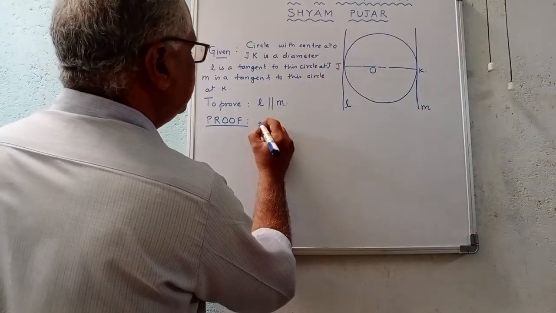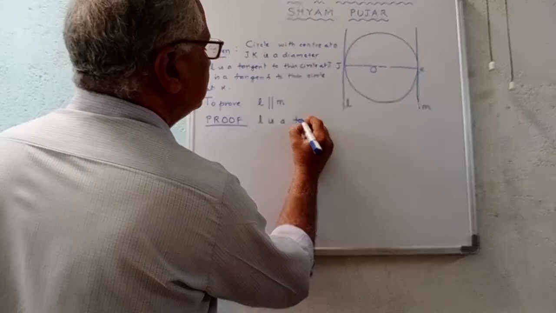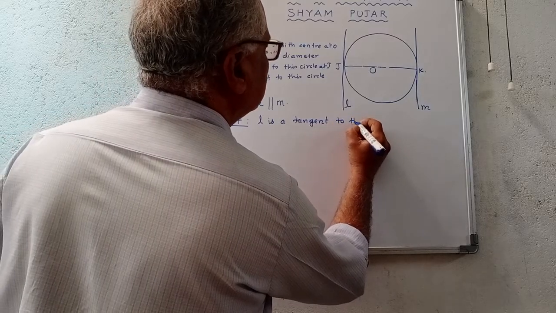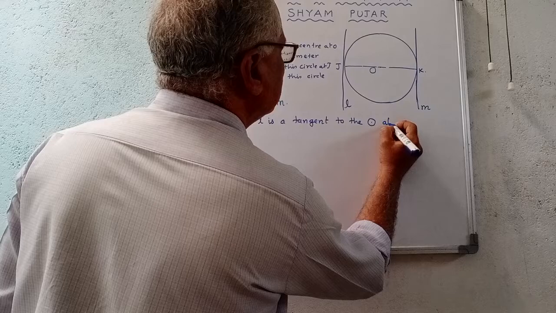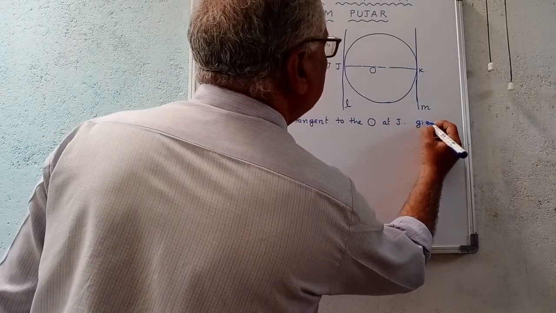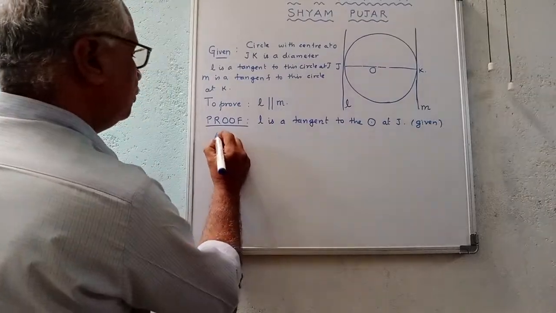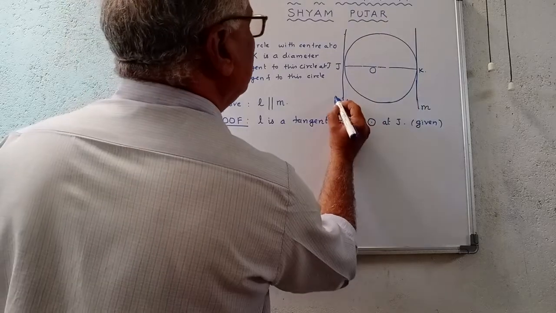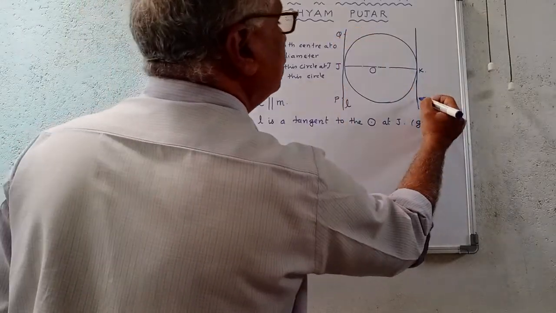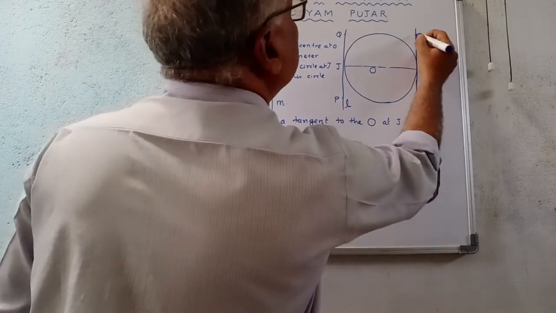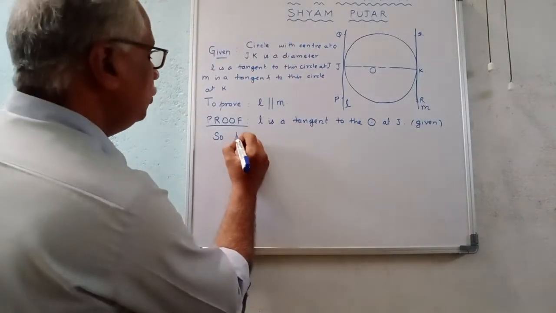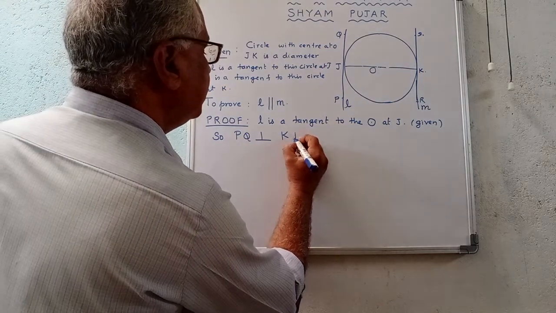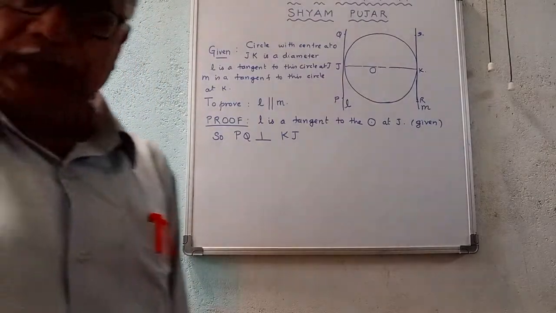L is a tangent at J. This is given to me. So let me give some names to this: P, Q, R, and S. So PQ is perpendicular to KJ.